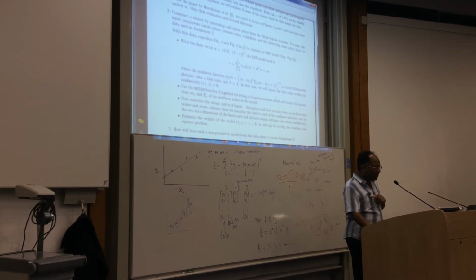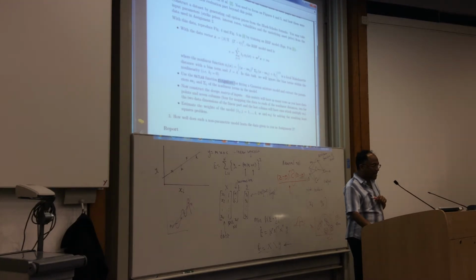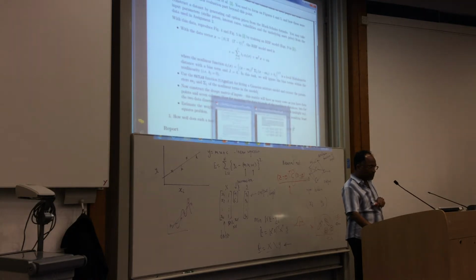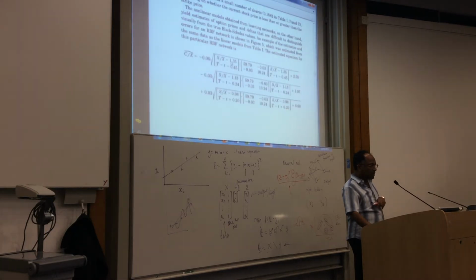There is a MATLAB function that will help you fit this Gaussian mixture model. It will pull out these m's and the sigmas. If you run this program on the data, what you would expect to pull out are these means, 1.35, 0.45, and this matrix.